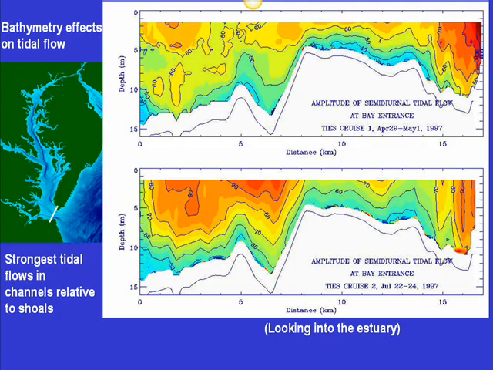So that allows us to fit the observations to a tidal harmonic, and what we get from that fit is the amplitude of the semidiurnal harmonics, which is what we have here. This is the contour of the amplitude of the semidiurnal tidal flow, so it would be the maximum semidiurnal flow distributed at two different seasons.